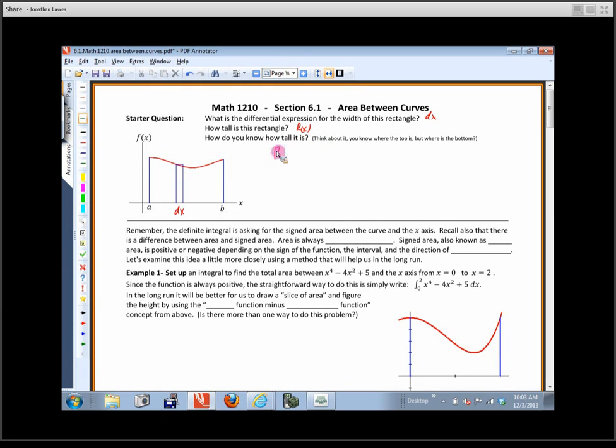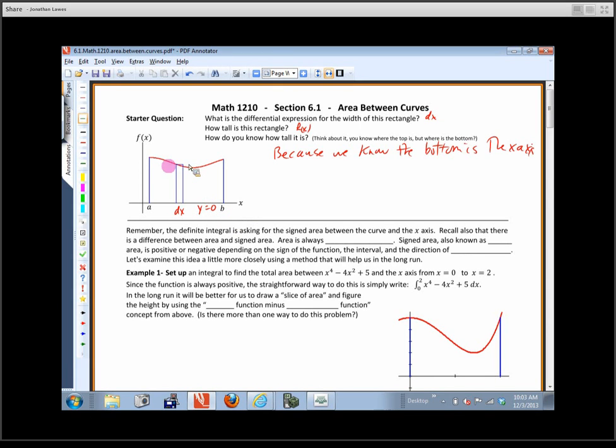We're going to say this, because we know the bottom is the x-axis. We know where the bottom is. Okay, we know the bottom is y equals 0.